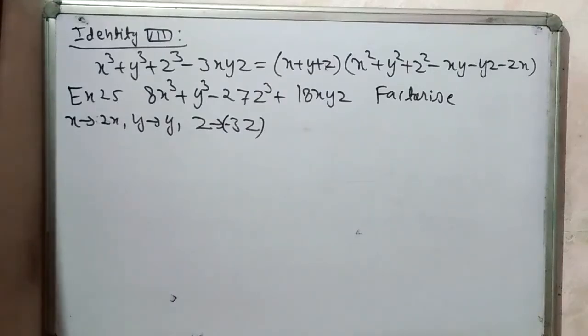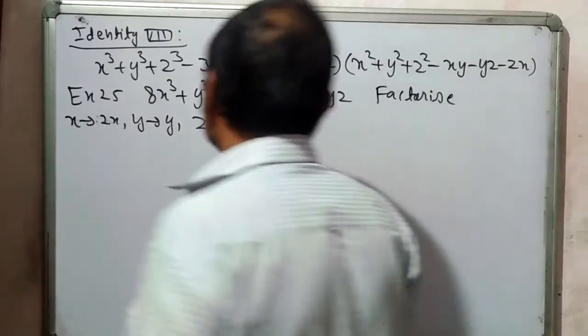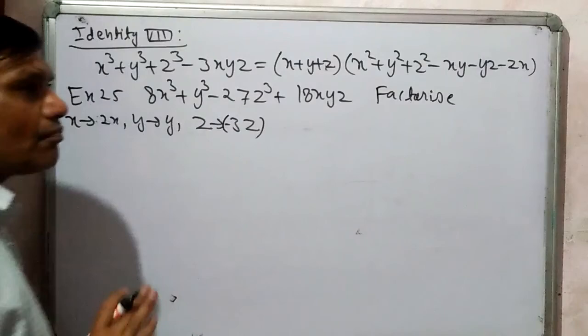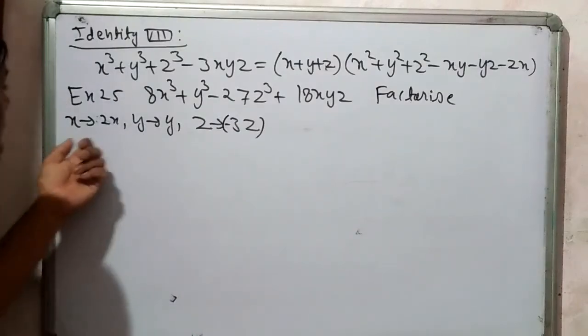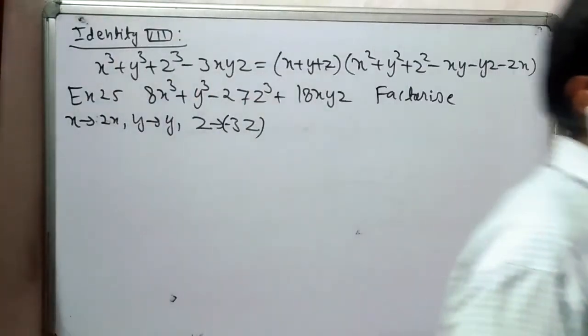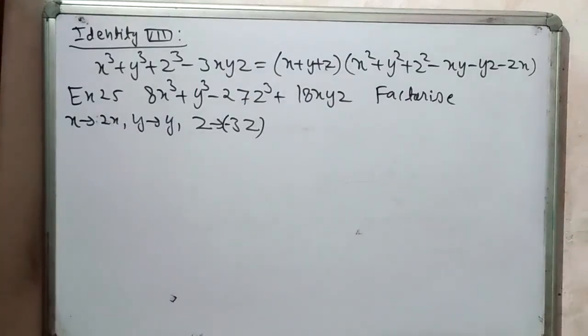I have changed the example a little bit from NCERT just to make the concept clear about the sign convention in this particular identity. In NCERT, here it is positive, here it is negative, but I have altered it. So x is 2x, y is y, and z is negative 3z.